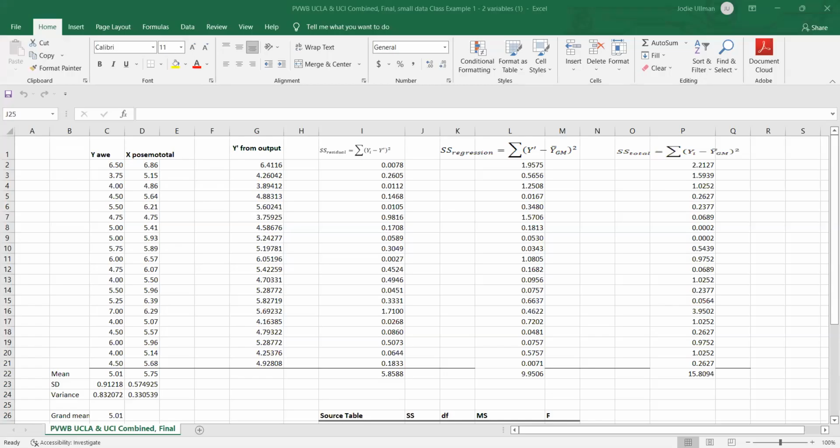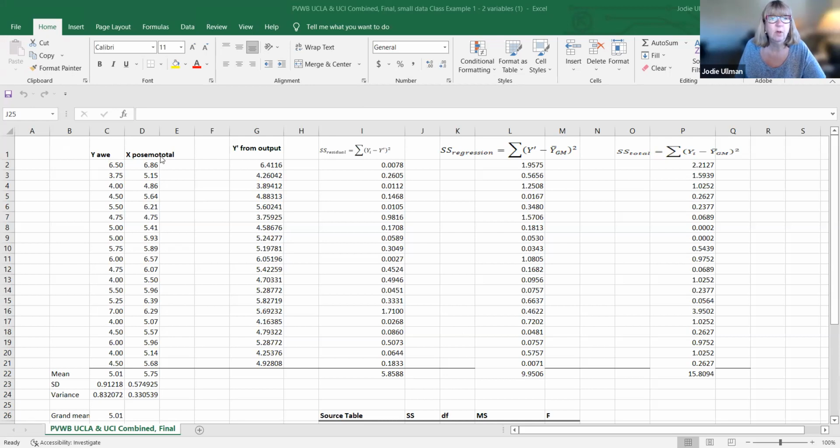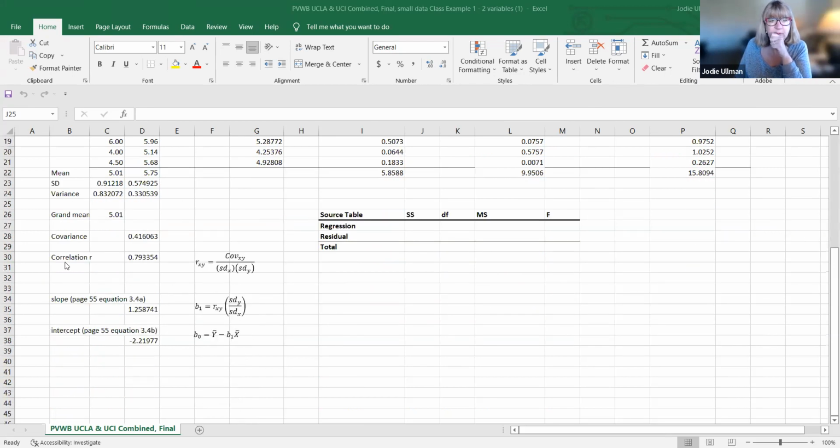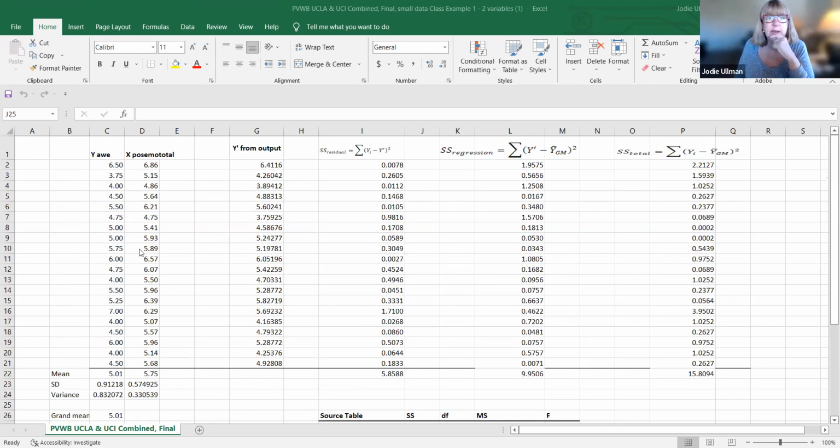All right, let's look where we left it. Here we all were, and we were predicting from positive emotions. We talked about this. We didn't have time to go through this, but there are the equations and you can calculate that yourself.